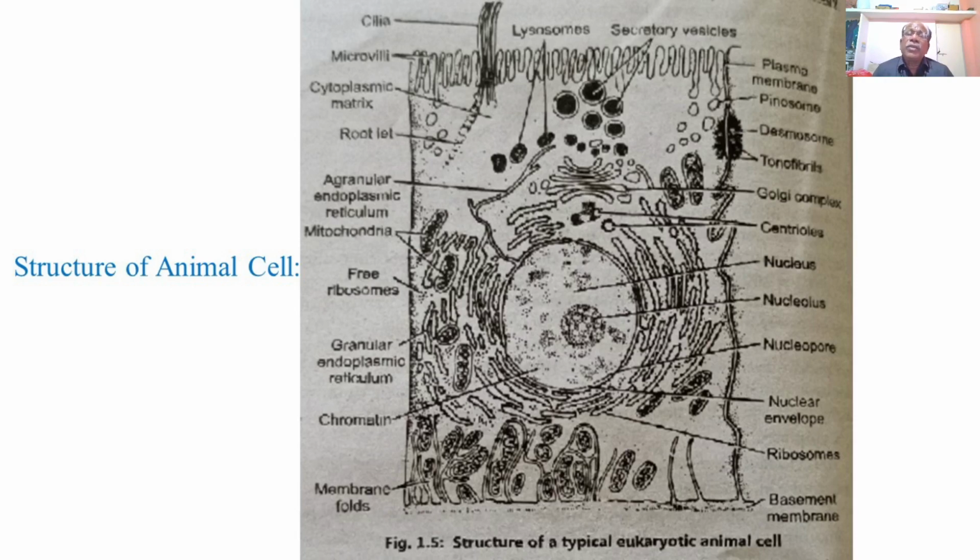These physiological functions and all life processes of the cells are performed under the direction of the chromatin material, or the chromosomes, present in the nucleus of the cells. So this is the information regarding the structure of the animal cell.